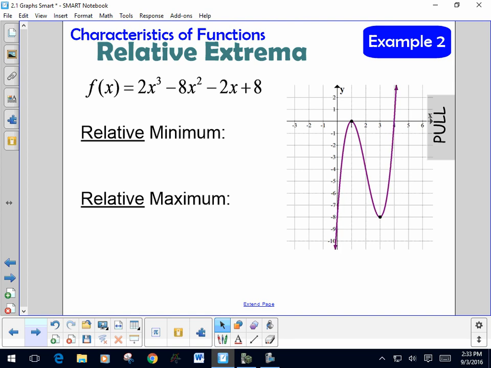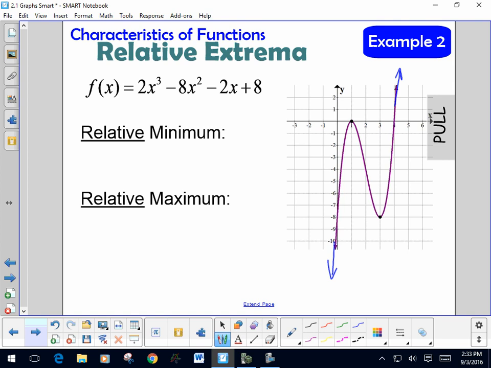Well, here is another little function. It happens to be a cubic function, but if you wanted to know if it had a maximum or a minimum, you might notice that it does not, because over here it's continuing downward, and over here on the right it's continuing upward. So it has no minimum or maximum.